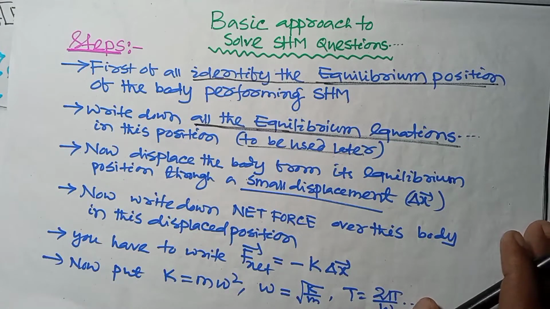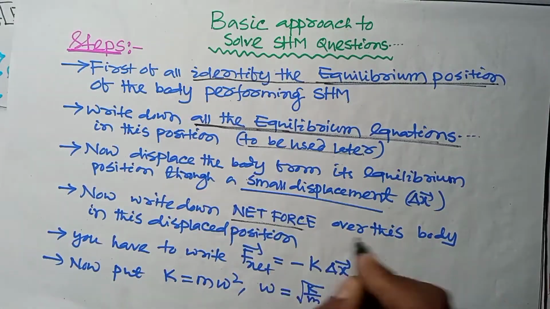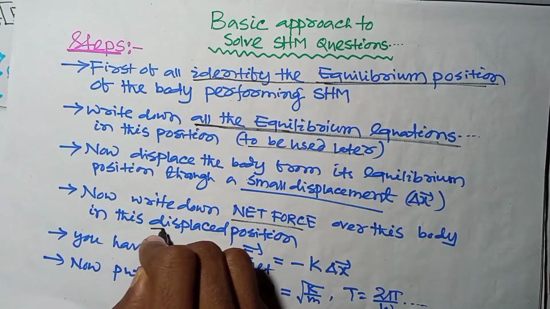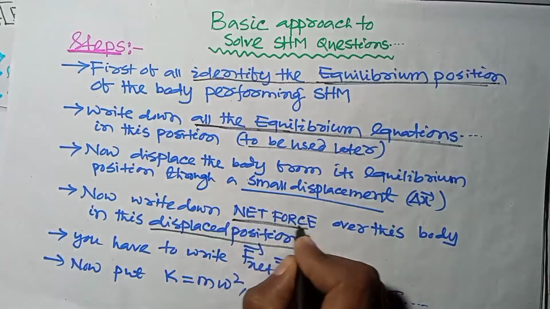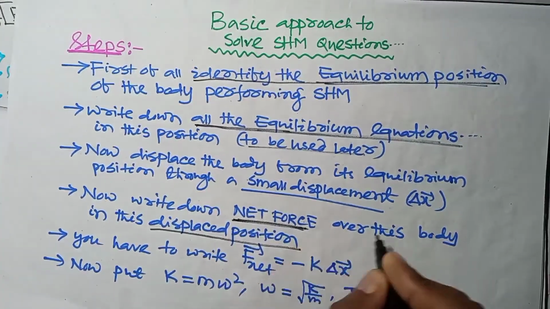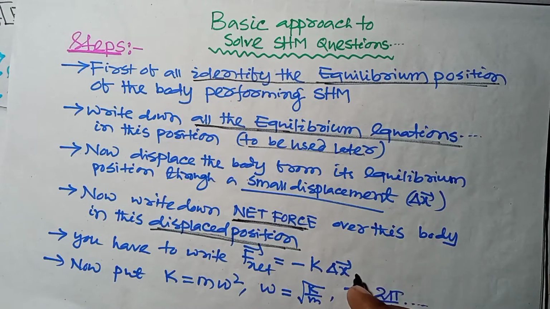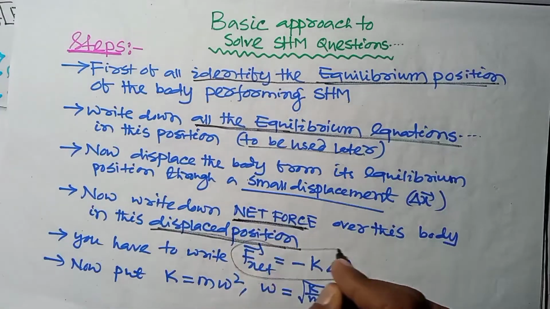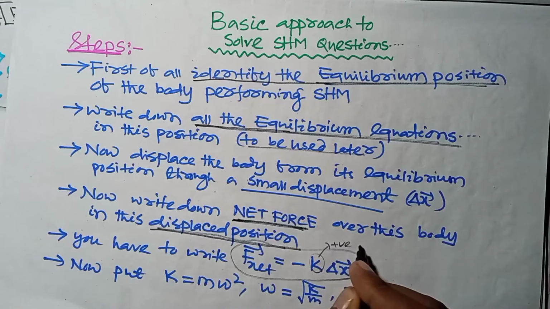Now we have to write down the net force over the body in this displaced position, and we have to bring this equation into this form: F equal to minus k times delta x, where k is a positive constant.